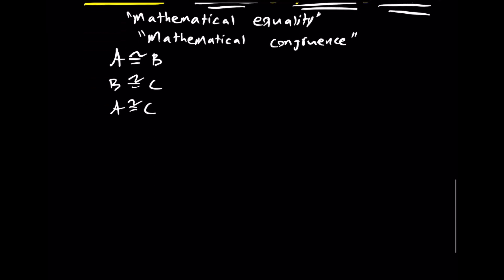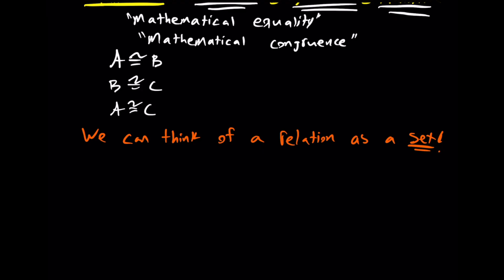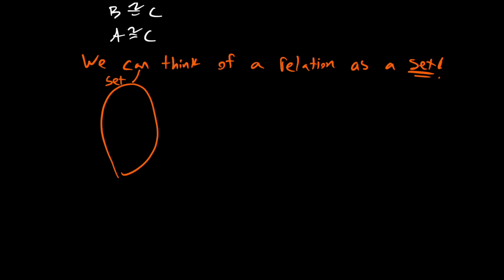Now we can think of a relation as a set. Consider two sets. So here is one set filled with objects. Let's call this set A, and it's filled with person 1, person 2, and person 3.